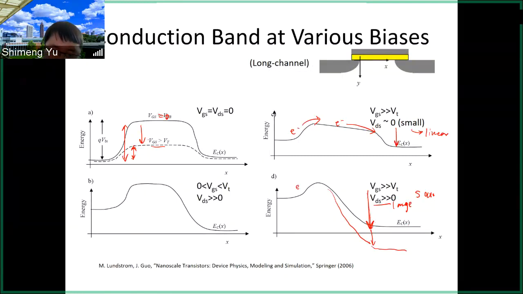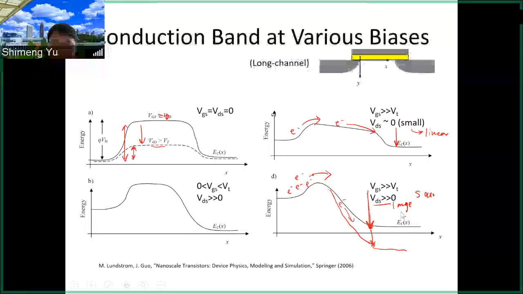But the source determines how many electrons can be over the barrier. And of course with a steeper slope, they will fall down faster, like the velocity will be larger by the larger drain voltage, but the number of electrons is determined by the source. So even though you have very large drain voltage eventually, the number of electrons is limited by the source. So that means the current will be saturated, even though they can move fast, but the number of electrons is limited in this case. So that's why this will have the saturation.